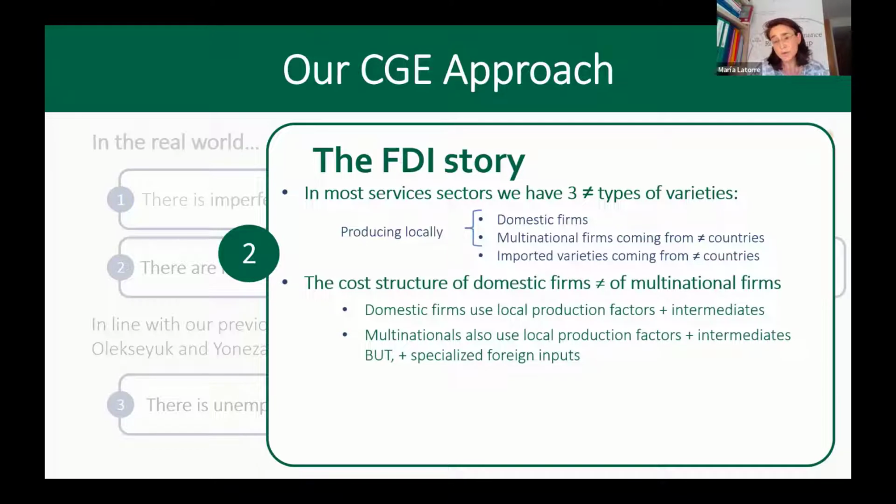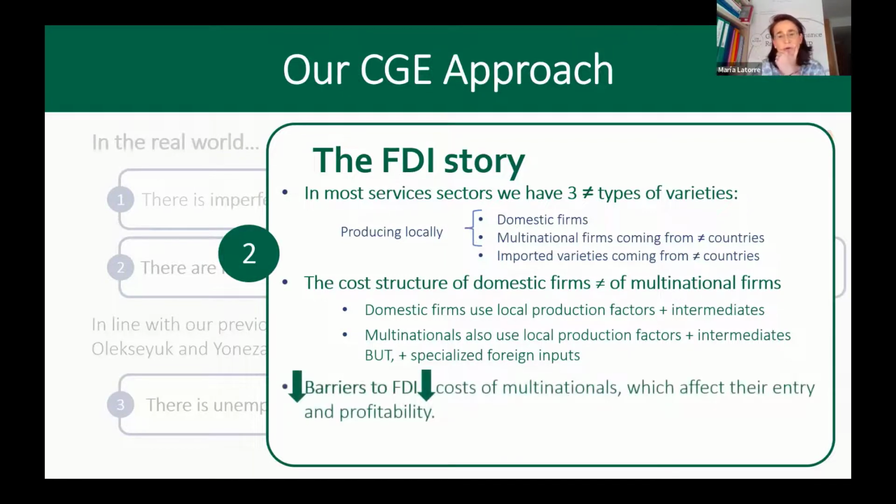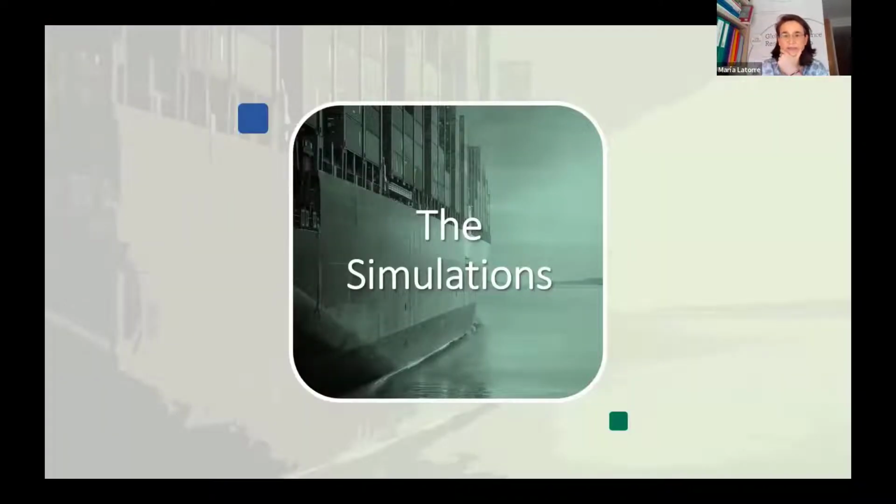And importantly, we model a different cost structure for the domestic firms and the multinational firms. They differ in the use of intermediates and the labor and capital that they use. And the lowering of the barriers to FDI implies lowering costs for multinationals, and that affects their entry and profitability. Importantly, we also include an imperfect competition framework à la Krugman 1980 in the American Economic Review.